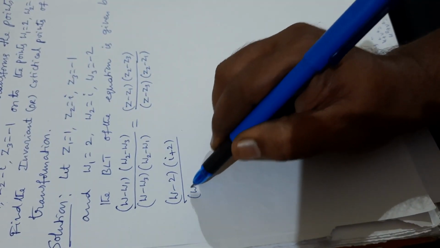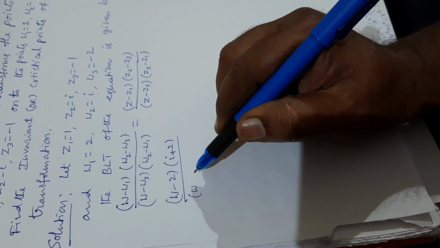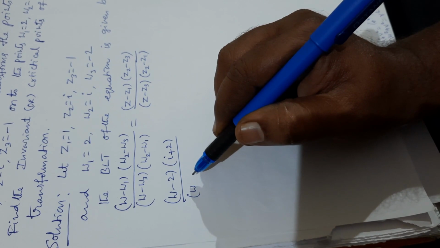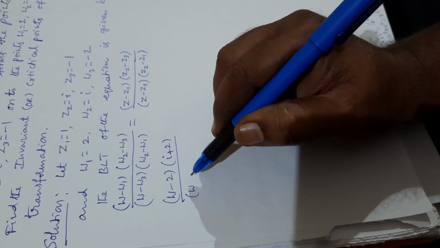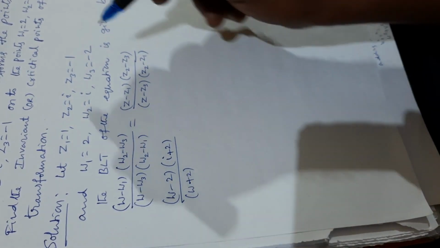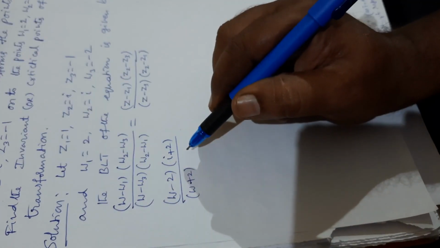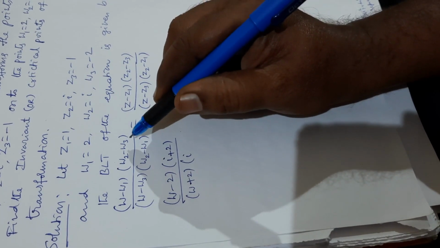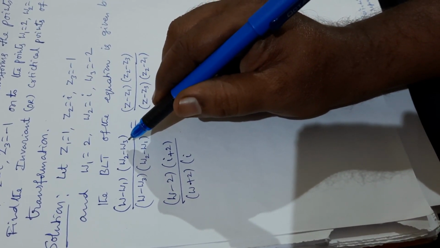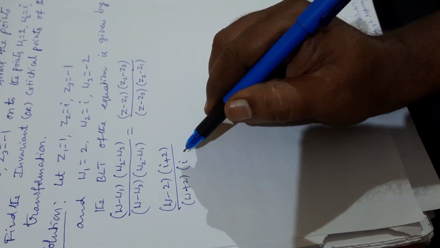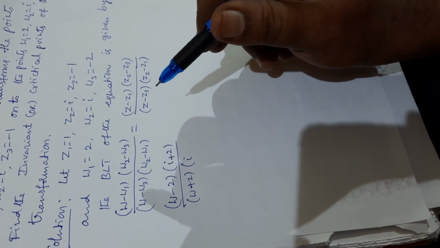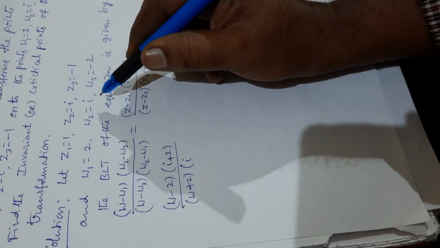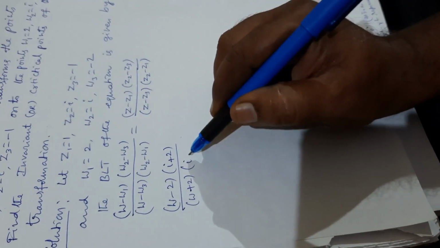Denominator: w minus w3, which is w plus 2. Next, w2 minus w1 is i minus 2.